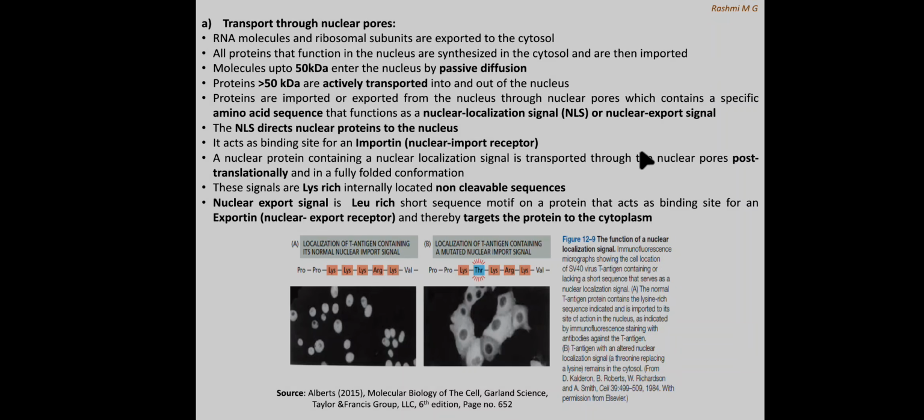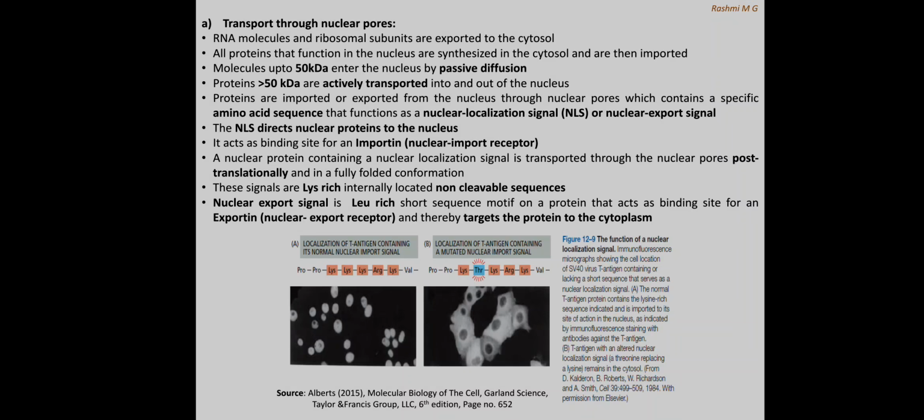So there is a nuclear import signal and also a nuclear export signal, and the NLS directs the nuclear proteins to the nucleus. If there is a transport of proteins into the nucleus, it contains a particular sequence. That sequence binds to a particular receptor, that is the nuclear import receptor, and it is transported to the nucleus.